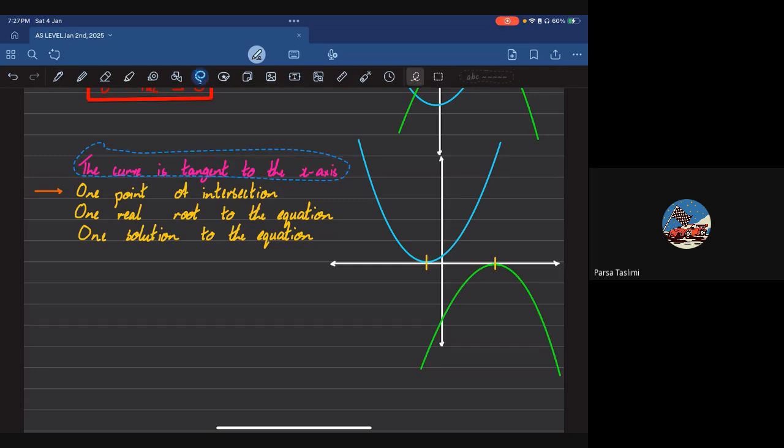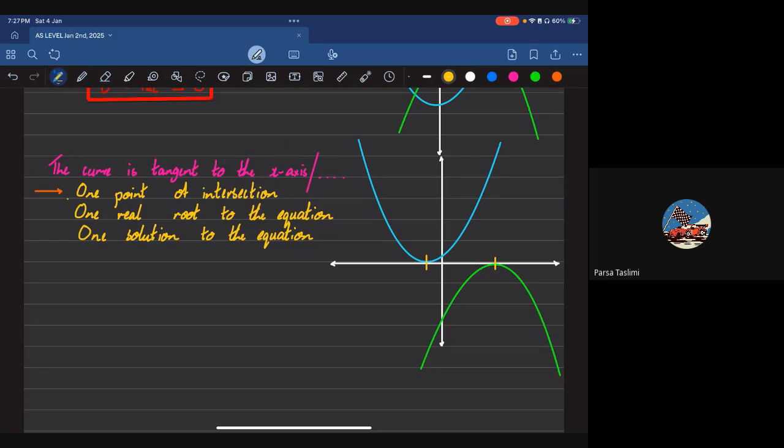Sometimes in the question they might reference it like this. These are just multiple ways of telling you the same thing, that the discriminant is going to be equal to 0, which is that the curve is tangent to the x-axis or to the line, whatever the question is. Clear?